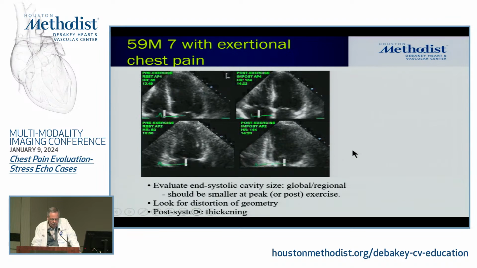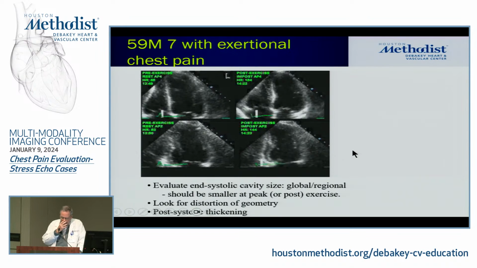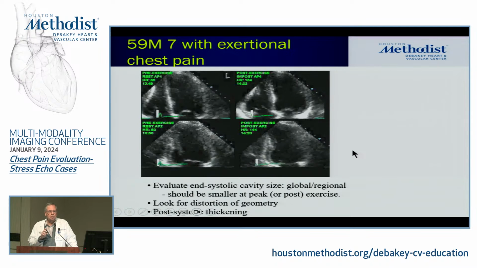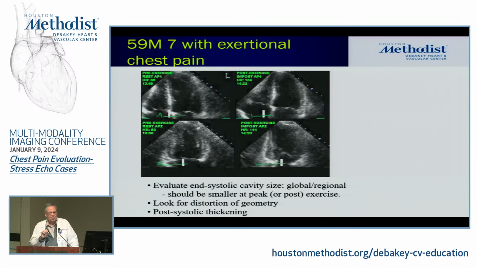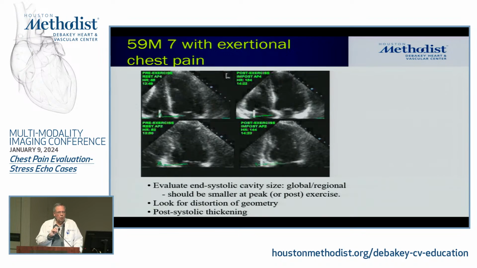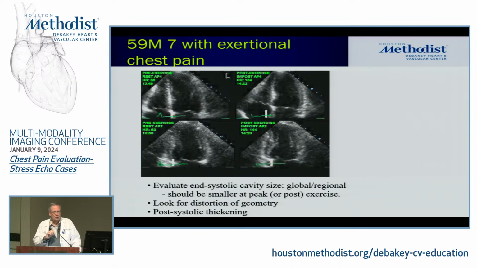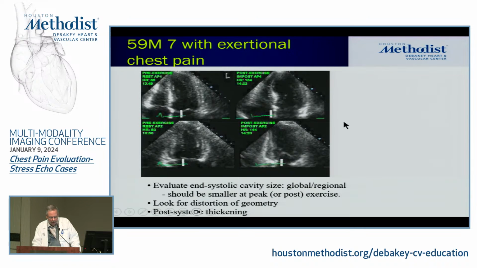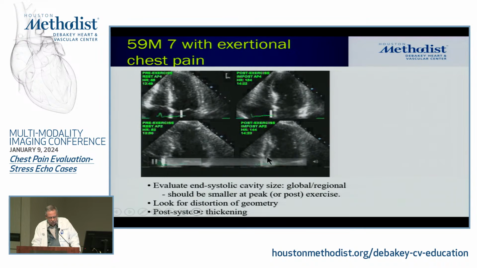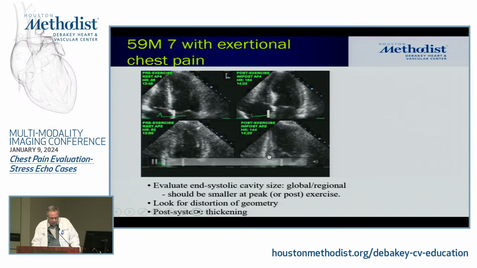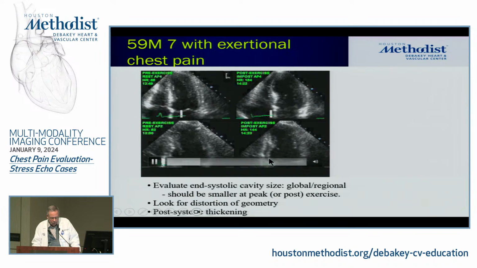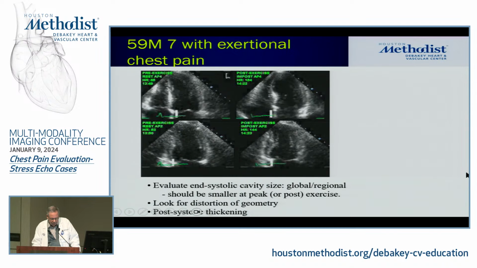So this is a very nice example that we see once in a while of what is called post-systolic thickening. So it's early diastole where you see the thickening, and that is almost always ischemic. So actually, this was a patient that had a single RCA lesion that was picked up nicely with the stress echo, and the tip-off is that the thickening was occurring in diastole.